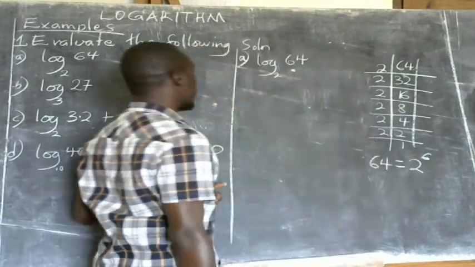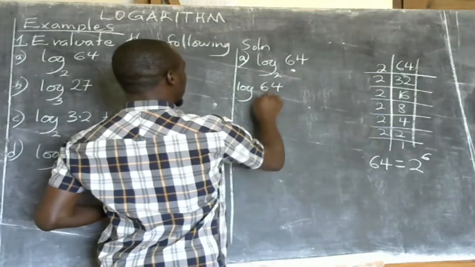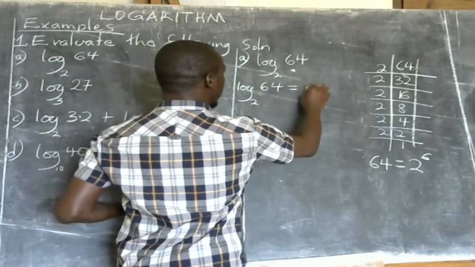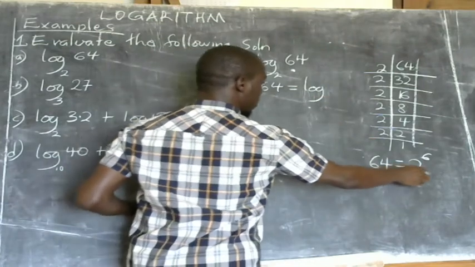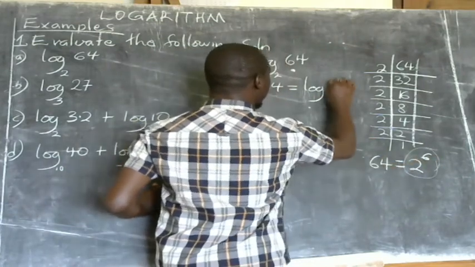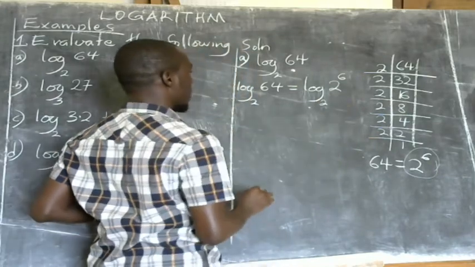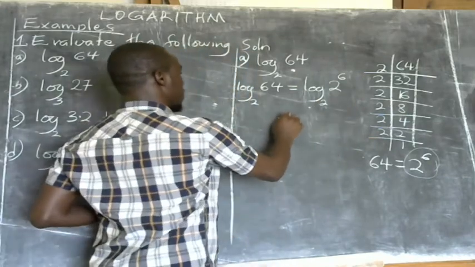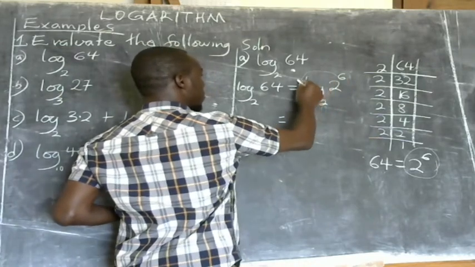So 64 is the same as 2 power 6, counting 1, 2, 3, 4, 5, 6. So my log of 64 base 2 is equivalent to log of, instead of writing 64, I'm replacing it with 2 power 6 base 2. Then I use the law that makes this power somersault.